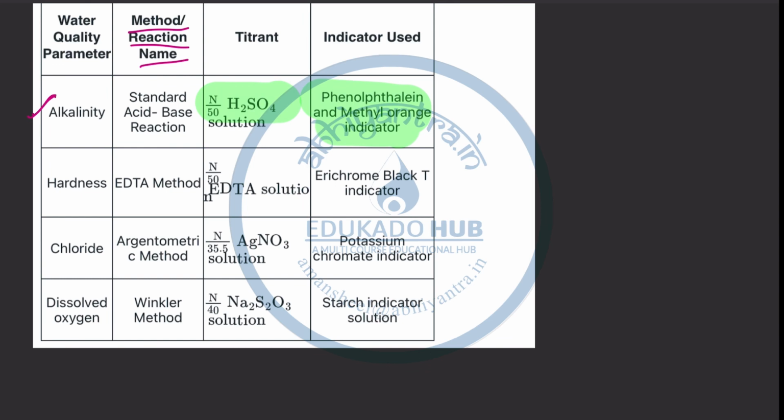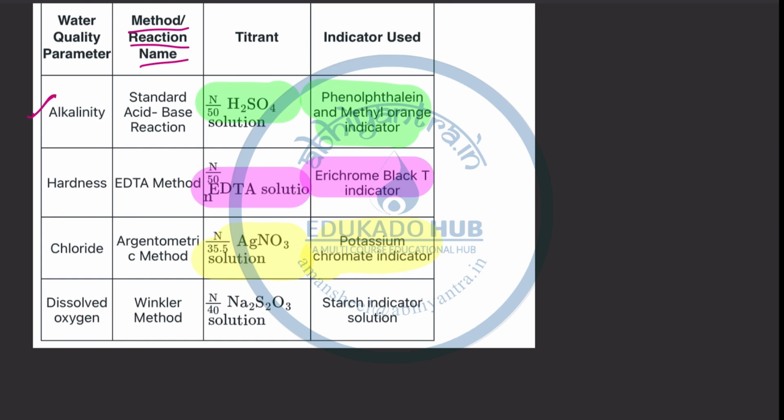For hardness we have the EDTA method, and we use EDTA solution, and the indicator used is Eriochrome Black T indicator. For chloride we have the argentometric method, and the titrant used is AgNO3 solution, and the indicator used is potassium chromate indicator.